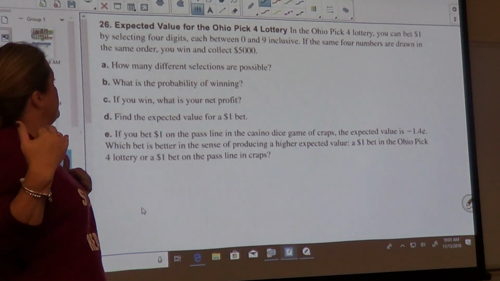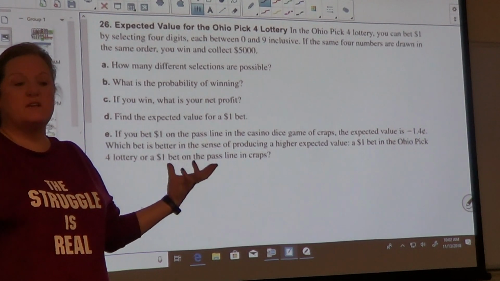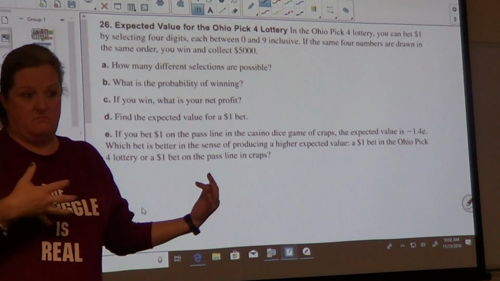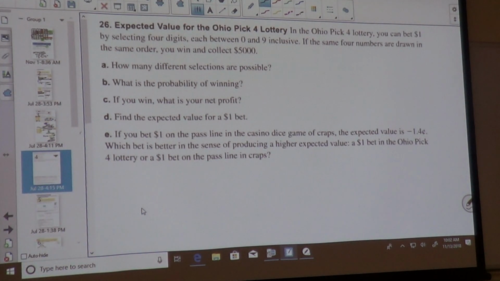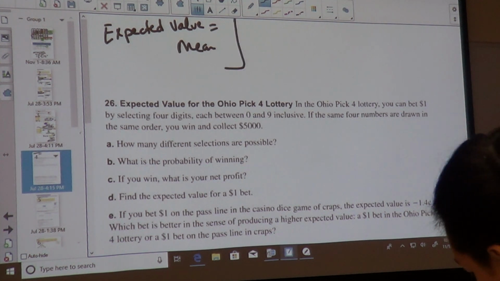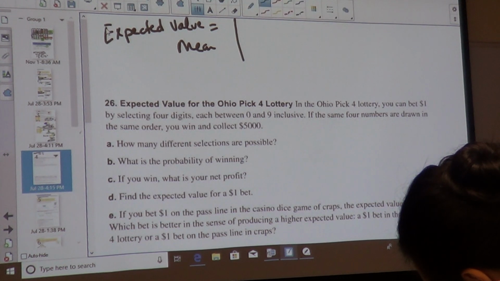Okay, we're going to be talking about expected value again. And there's 2 ways we can do expected value. We've already learned that expected value is the same as the mean. I don't care which way you do this. We can either say that expected value equals the mean. And if you do it that way, then you're going to do like what we just did.